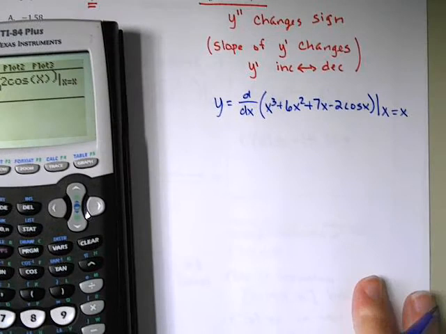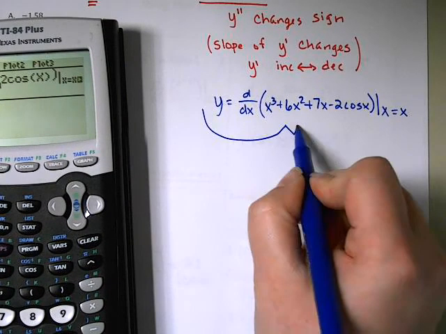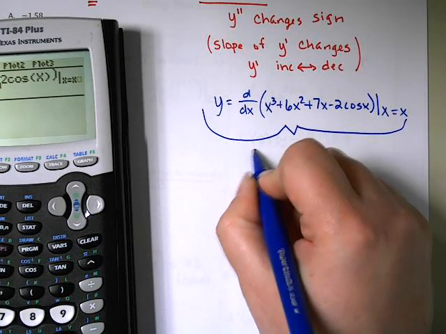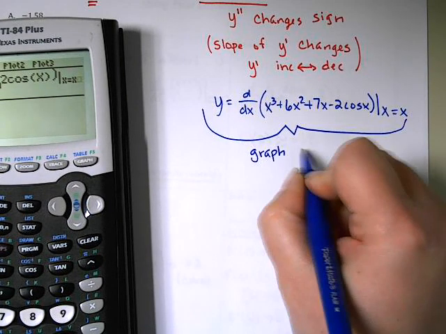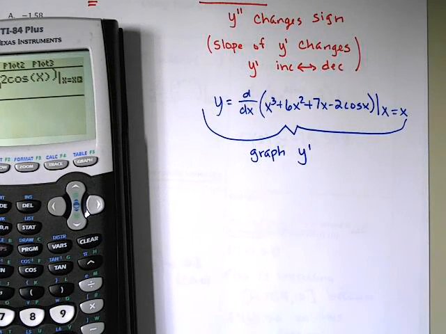Doing this, we will get our calculator to graph y prime, because then we can analyze y prime to figure out where the concavity changes.